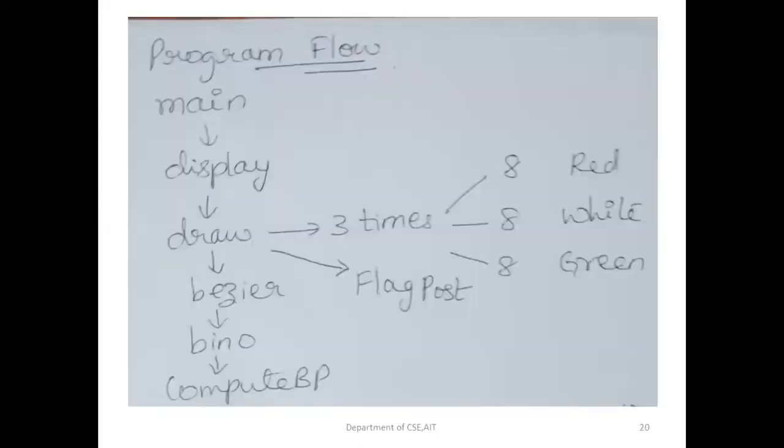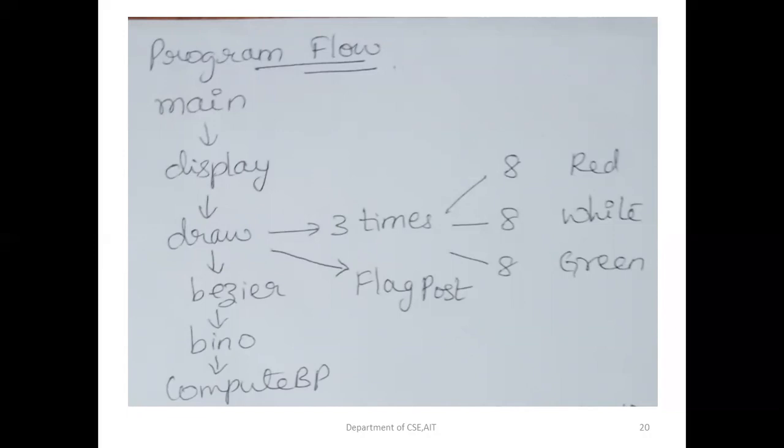The program flow is, first the main function is called, from which we go to the display function, and then we go to the draw function. In the draw, we have curve drawing and flag post drawing. While the curve drawing is happening, the draw function will be called 3 times.